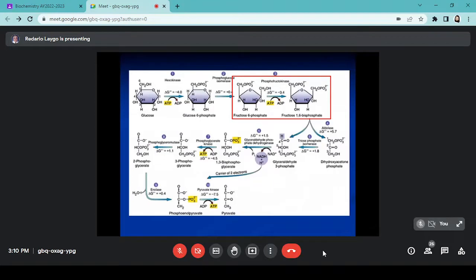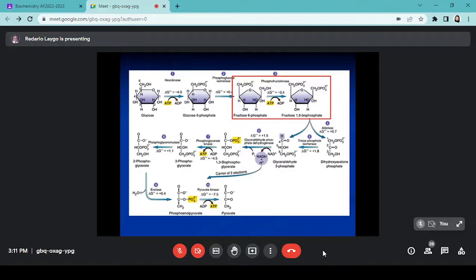Now, this is actually your glycolytic pathway. And highlighted by that red rectangular box is the committed step of the pathway, catalyzed by phosphofructokinase 1, whereby your fructose 6 phosphate gets another phosphate attached at carbon 1 of fructose to become fructose 1,6 bisphosphate.